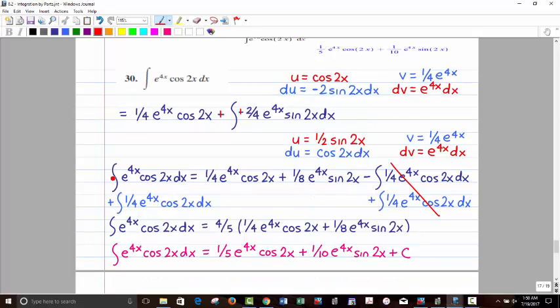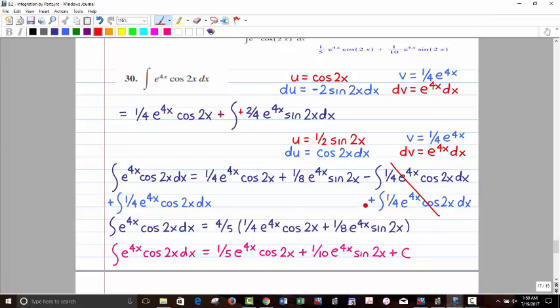So like this one, think of the integral of e to the 4x cos of 2x dx all being like a term, like an algebraic term, like x. Well, you look at this, it has the same term, doesn't it? It just has a 1/4 right there. That's the only difference. That's just a numerical coefficient. So what you're basically doing is, it's like you're adding x plus 1/4 of x to make 5/4 of x.